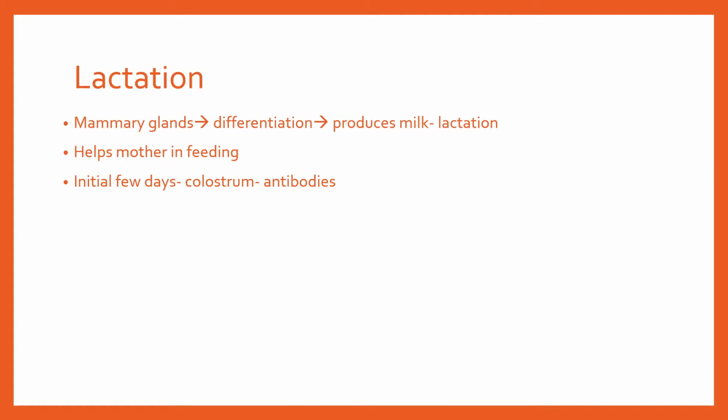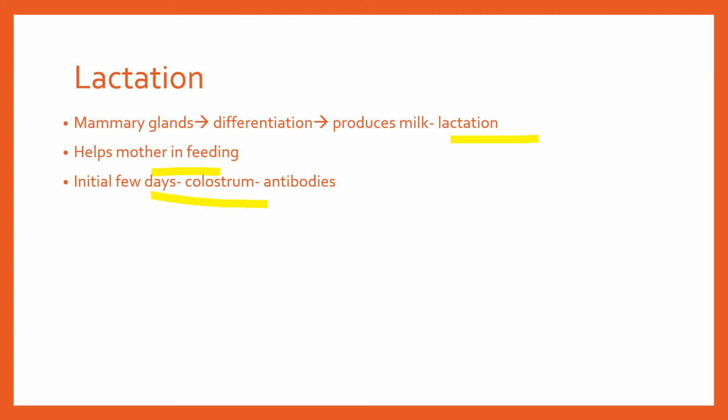Next is lactation. At the end of the pregnancy, the mammary glands differentiate and start producing milk, and this is called lactation. This lactation helps the mother in feeding the newborn child. The milk which is produced during the initial few days of lactation is called colostrum.